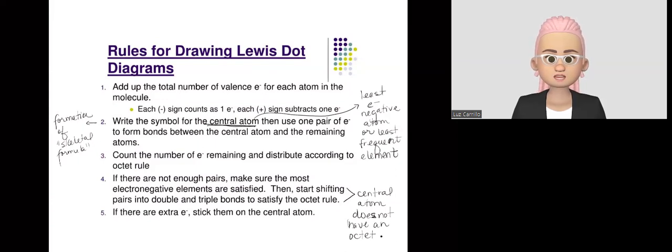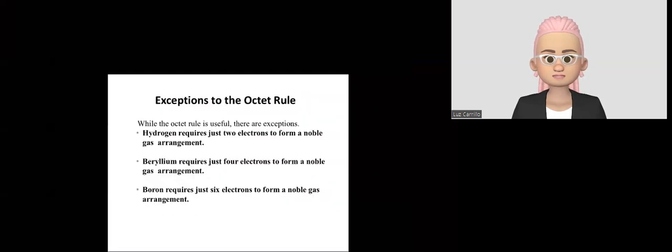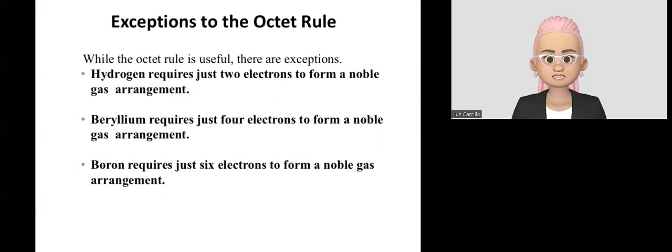As I mentioned, there are a few elements in the periodic table that don't need 8 electrons in order to achieve a noble gas arrangement. Let's talk about those exceptions. The 3 that you must remember are, first, hydrogen. Hydrogen only wants 2 electrons.